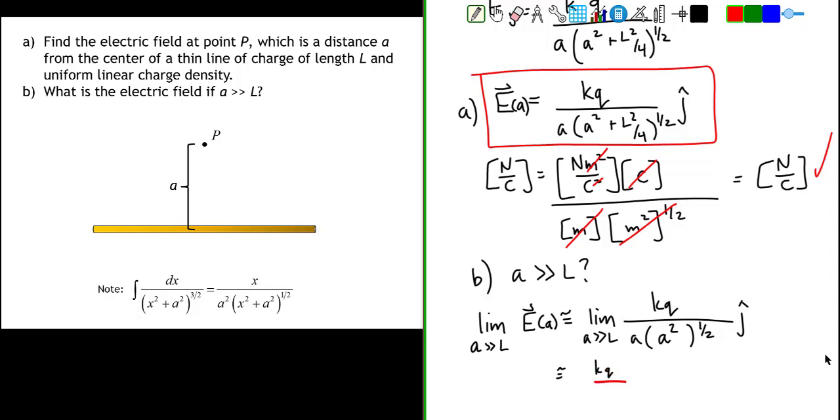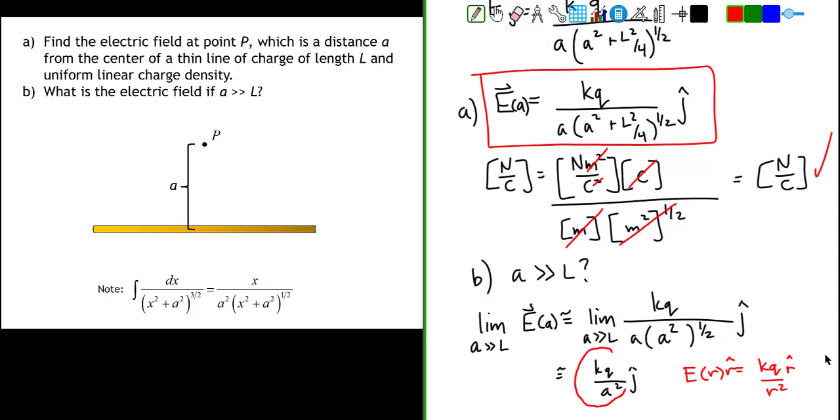So since we are neglecting L, since A is so much bigger than L, what this becomes is KQ over A squared. But remember, the electric field due to a point charge is KQ over R squared, where R is our distance between the charge and a point in space, and R hat is representing a unit vector along that radial line.